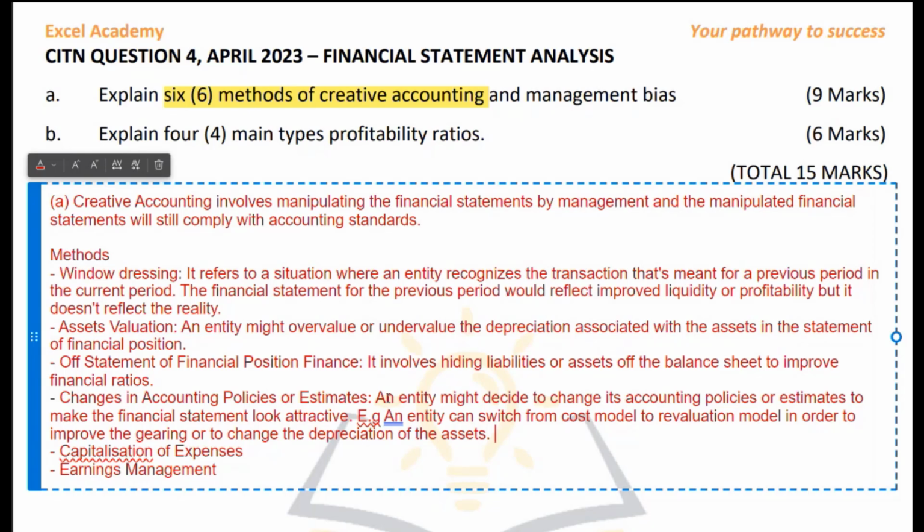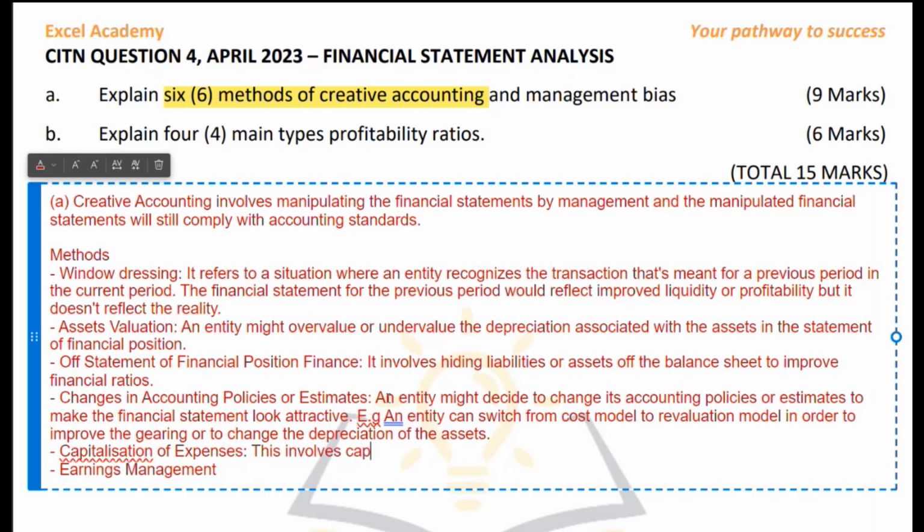A revaluation loss is impairment. This should also affect the gearing of an entity, and it would also affect the depreciation and also capitalization of expenses.